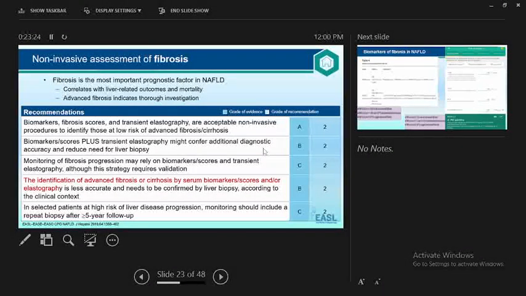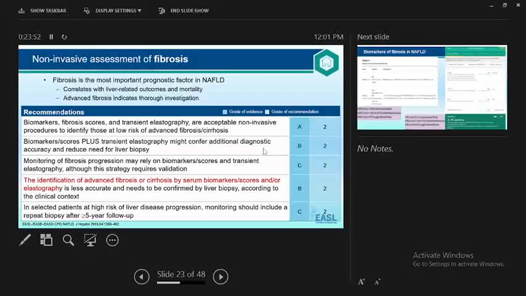If the risk of advanced fibrosis or cirrhosis is low, biomarkers, fibrosis scores and transient elastography are reliable methods. The biomarkers and scores plus transient elastography might give additional diagnostic accuracy. If you combine both together, it might give you additional diagnostic accuracy and reduce the need for liver biopsy.